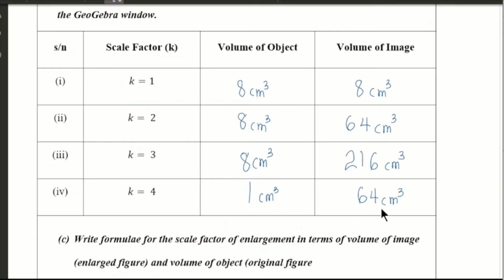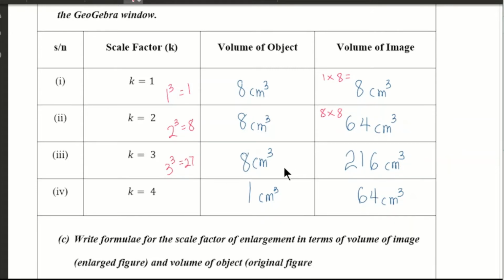Let's check and see if it works for our recordings here. For example, with the first one, if I have 1 cubed, it is the same as 1, and 1 times 8 is equal to 8. If I have 2 cubed, that will be equal to 8. So if I use that to multiply the volume of the object, that will be 8 times 8, and that gives me 64. If I have 3 cubed, that gives me 27.